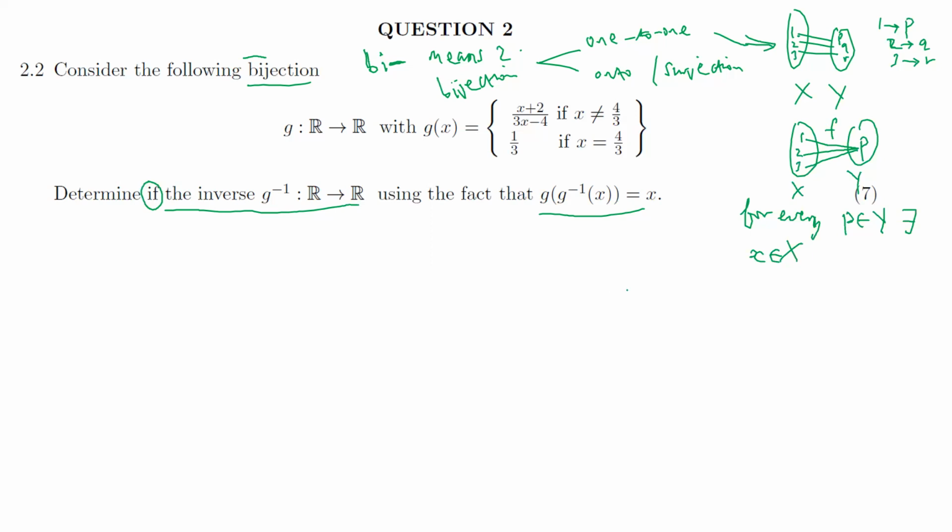For every P in Y, there exists a small x in X such that f of x is equal to some p, where the p is in y. So you really can have this kind of thing.